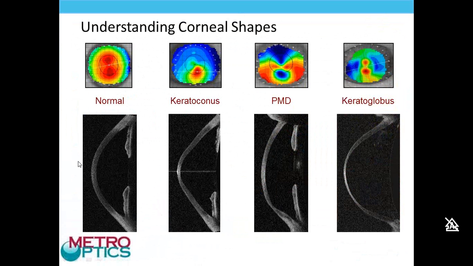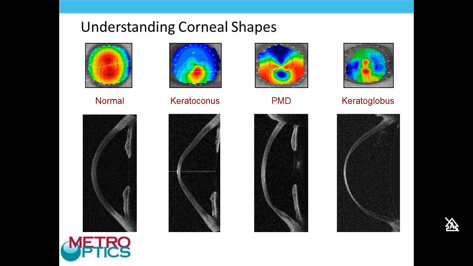But what I'd like to draw your attention to is the superior aspect of these corneas. And keratoglobus here is a little bit of an exception. But when you look at keratoconus and pellucid, the superior aspect of the cornea really isn't that much different than the normal cornea. The reason I'm bringing this up is because, like I said, all soft lenses for this category fit over the entire cornea.